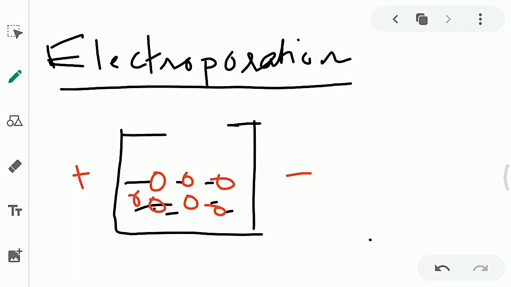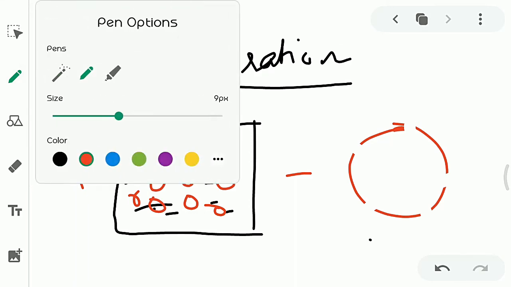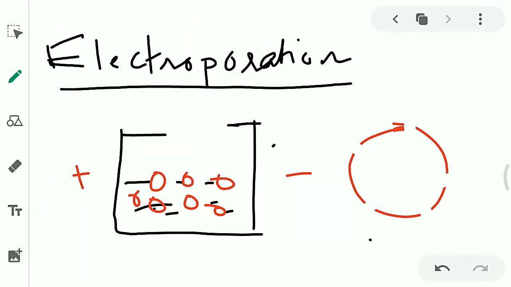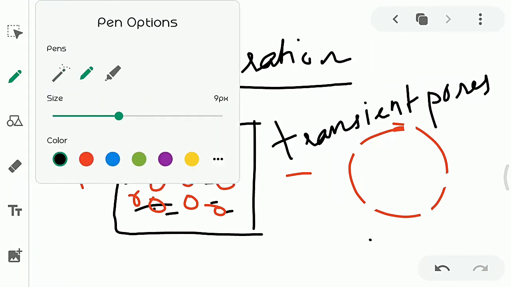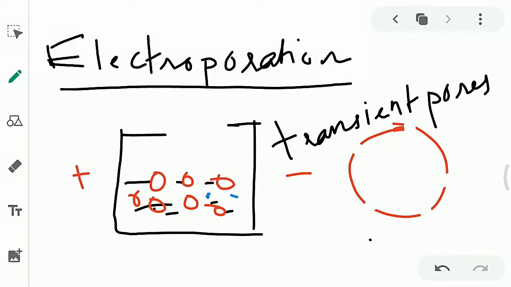When we give electric shock, the cells will generate some transient pores. Transient pores in the sense they develop some pores which are temporary. Now if you mix your rDNA into this medium, the rDNA can go inside the host cell.